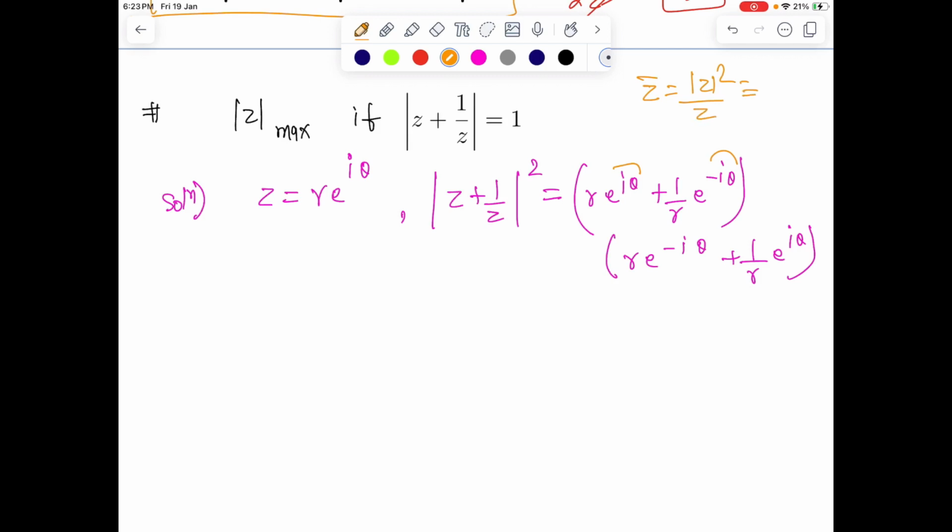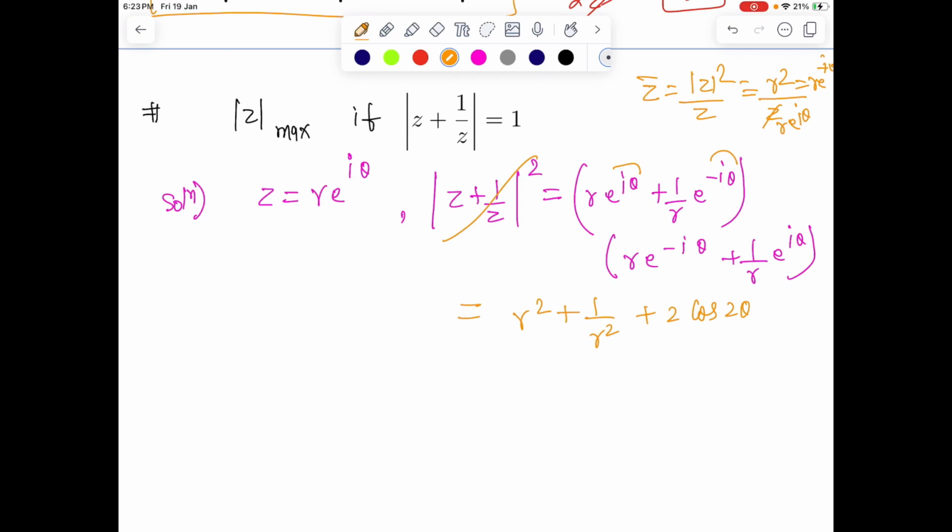Sorry, because z bar will be mod z square by z, so it will be r square by z, and z is already r e to the power i theta, so it will be r e to the power minus i theta. Once you multiply, you see many things get kicked off, so that whole square becomes r square plus 1 by r square plus 2 cos 2 theta.